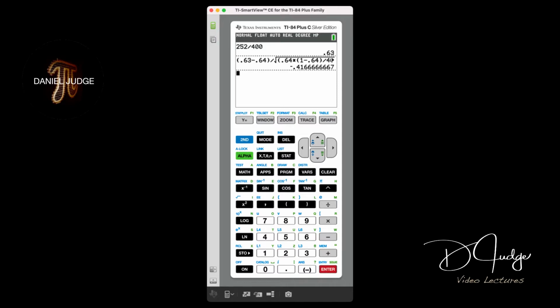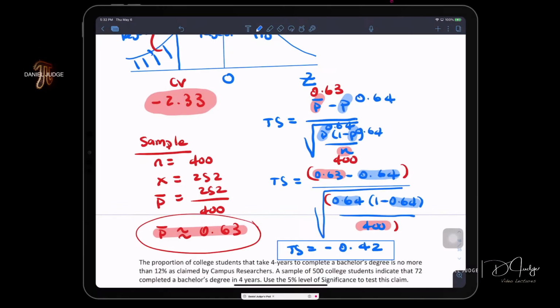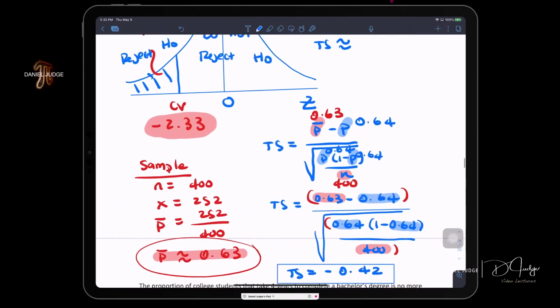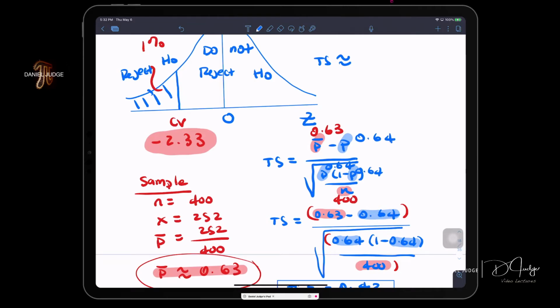So the test statistic value is negative 0.42, because that, ladies and gentlemen, negative 0.42 is going to be the nearest hundredth position, because your critical value is also to the nearest hundredths position. So in the iPad, negative 0.42, let's look at the decision rule.